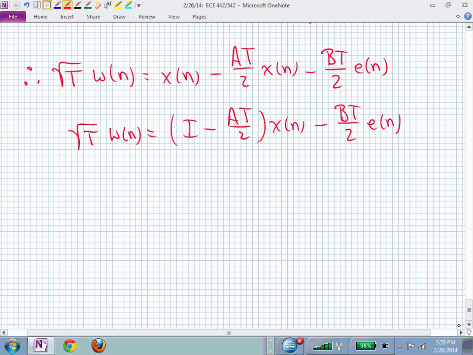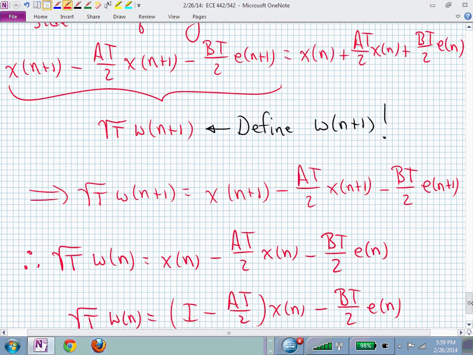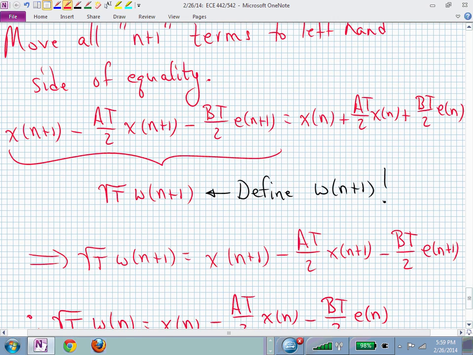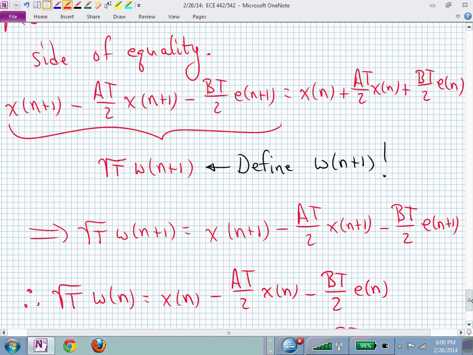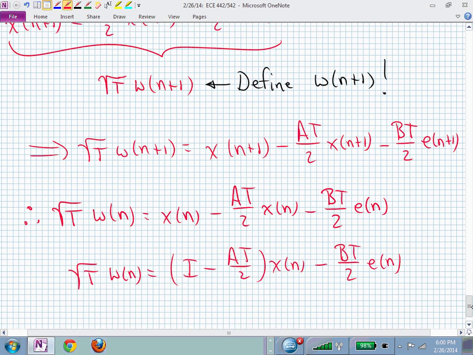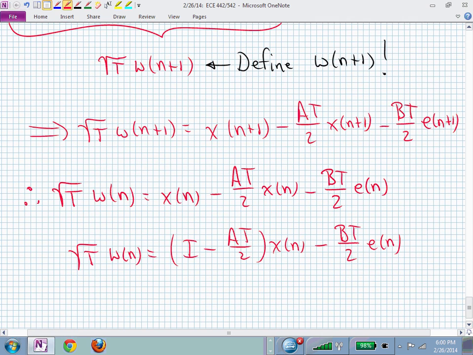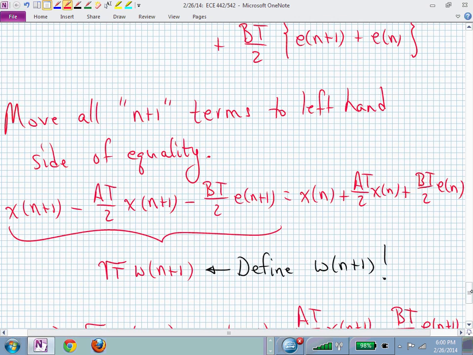I need to have a state space representation. So I need some vector at time n plus 1 equaling some matrix times another vector at time n. And I can do that here.